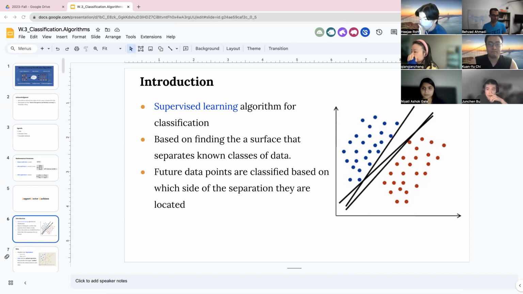Support vector machines, or SVMs for short, are trying to find, again, another surface that would separate the two sets of data points based on another criterion that we're going to talk about, right?